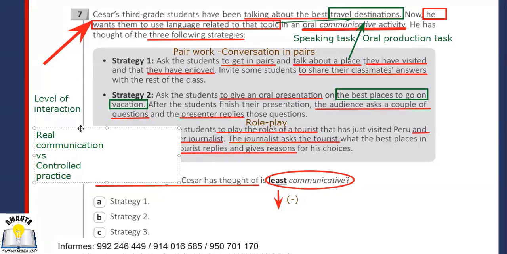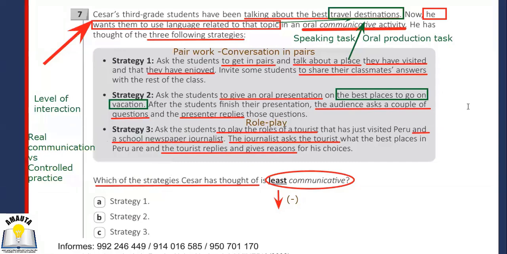You give some guidance, right? But students are not producing freely the language. It's okay to have controlled practice, but remember Cesar's purpose. He wants his students to use language in an oral communicative activity, right?